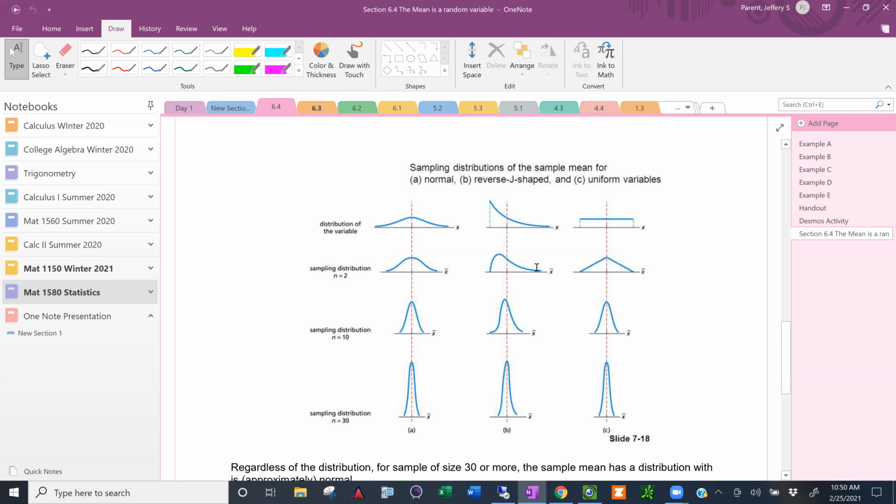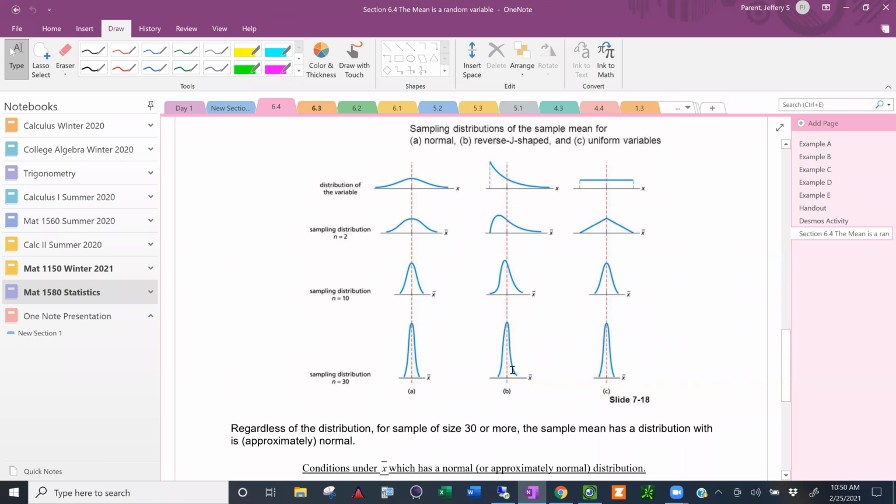Is it a normal distribution? No, not really. When you increase the sample size to samples of size 10, the sample mean is starting to look a little bit more normal. And by the time you get to samples of size 30, it's looking really normal. If you had a uniform distribution to start with, like over here on the right, then again, after a large enough sample size, the sample mean has an approximate normal distribution.